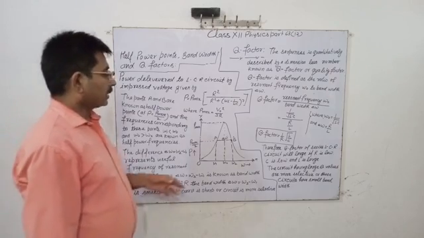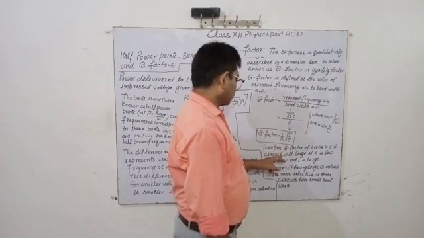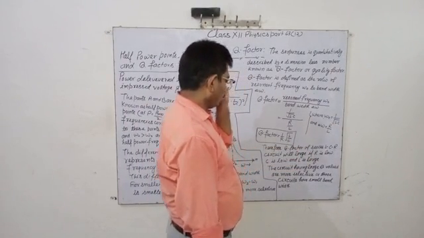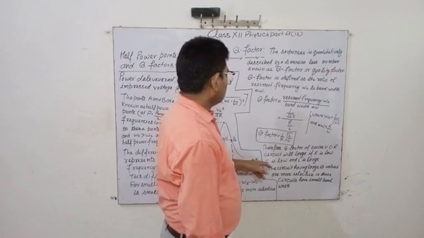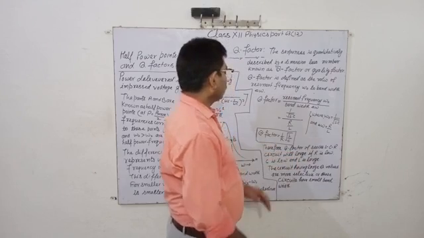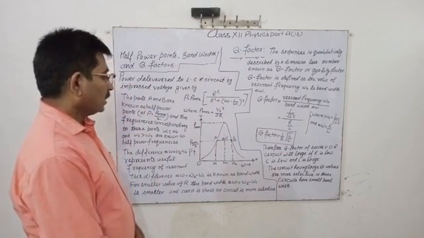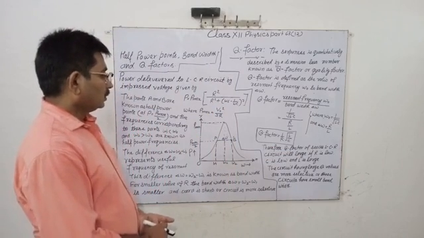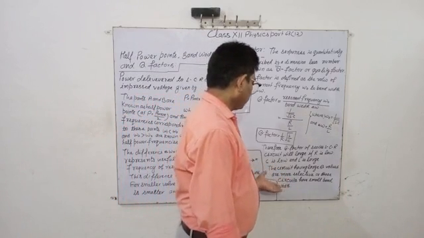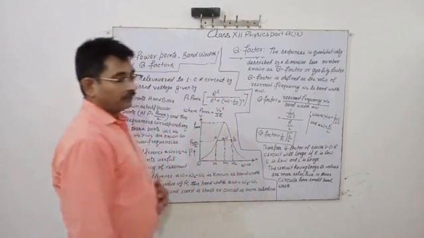Therefore, the Q factor of a series LCR circuit will be large if R is low, C is low, and L is large. Otherwise the Q factor of the series LCR circuit is less, and this is very useful. Circuits having large Q values are more selective, or these circuits have small bandwidth.